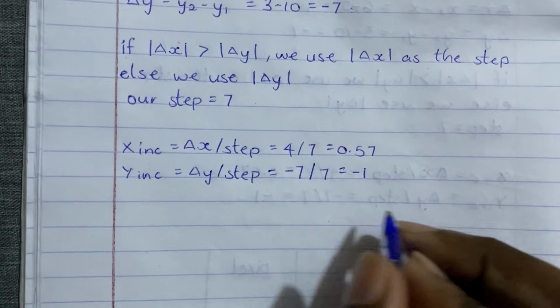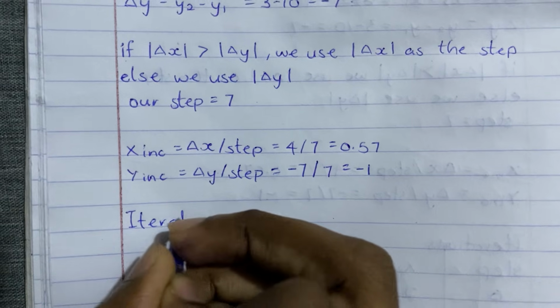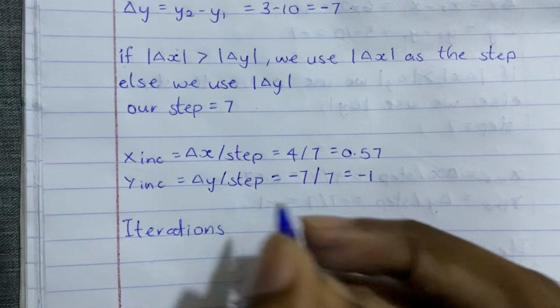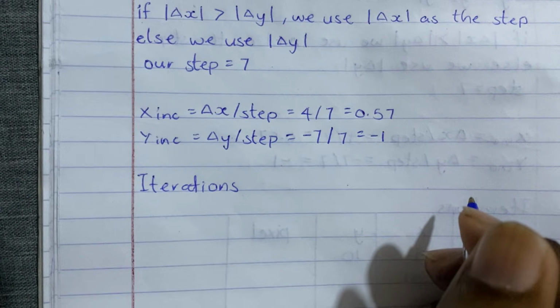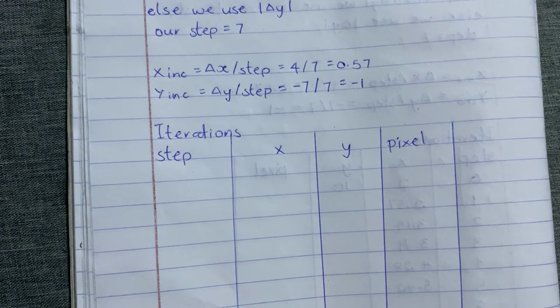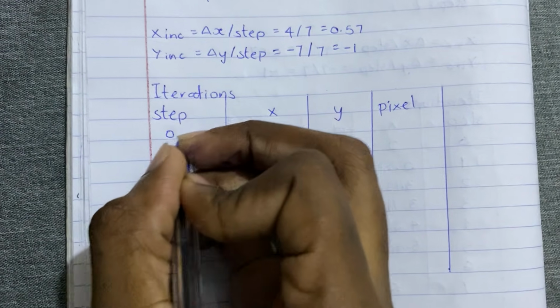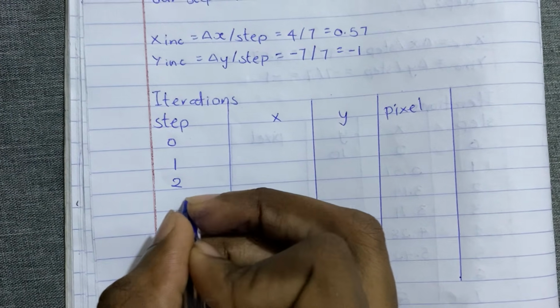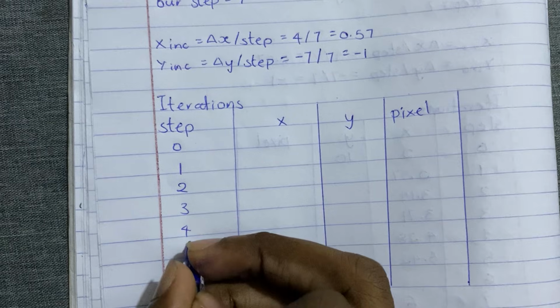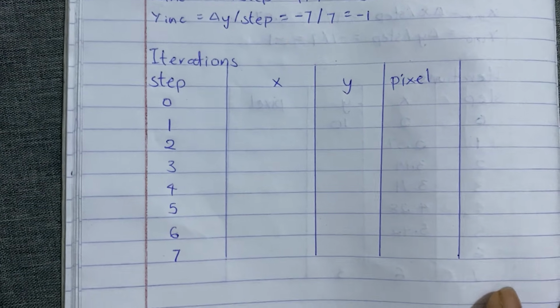Now we go to the iterations. Let's use this table. For the step, we start counting from 0 to 7: 0, 1, 2, 3, 4, 5, 6, 7. We always start from 0.